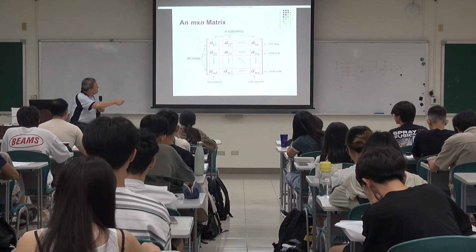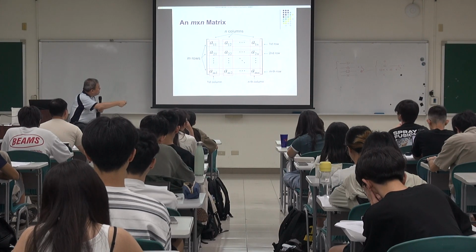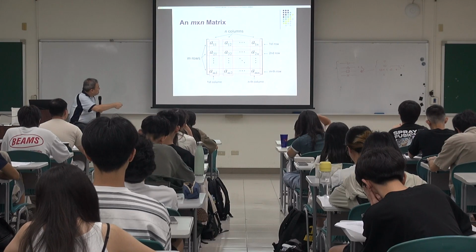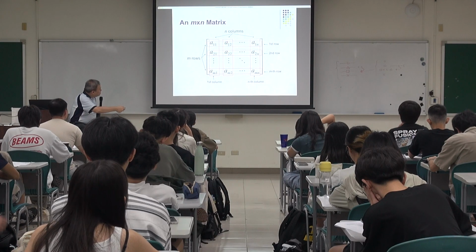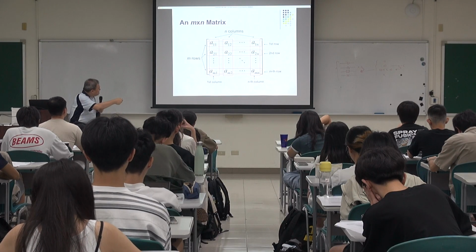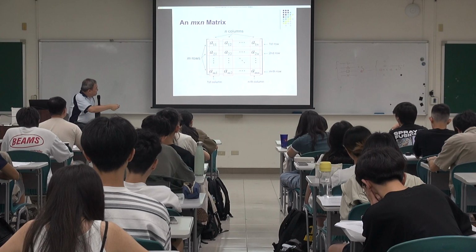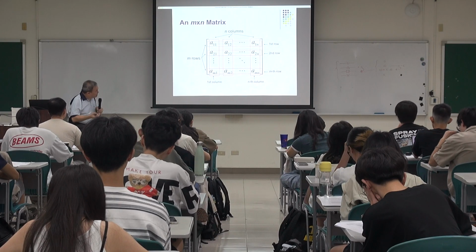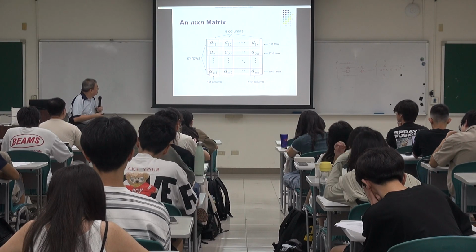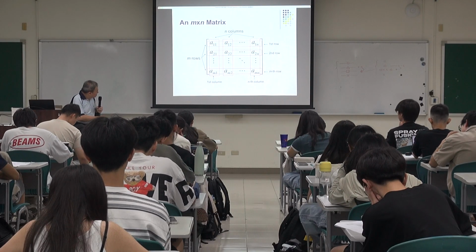For example, a11 to a1n represents the first row, a21, a22 to a2n represents the second row, and so on. So we have n rows. Each row has n numbers or n coefficients, and we will have n columns.